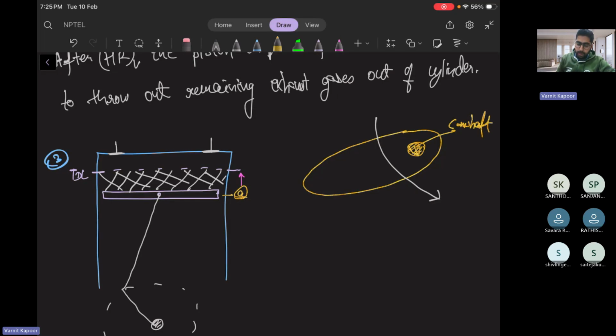It is moving like this and it is connected to a spring loaded valve, that is your inlet and exhaust valves. This valve has a spring mechanism. This is your valve, and this is your spring.